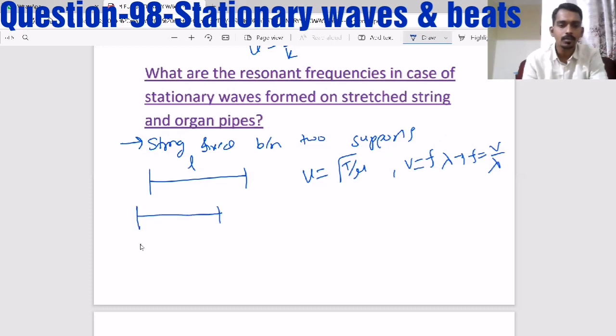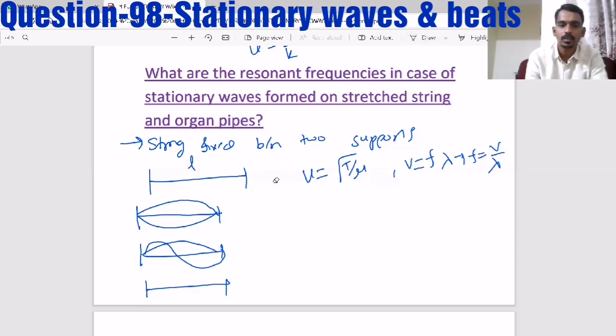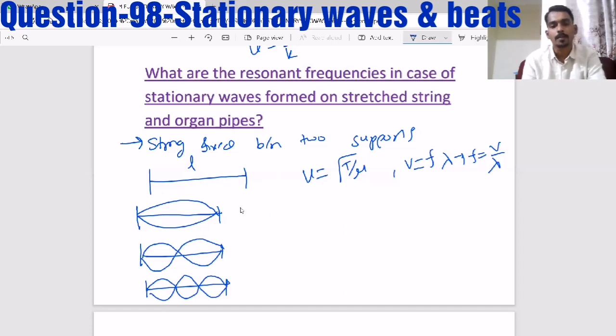Now what are all the possible cases? The string can vibrate in different modes. The minimum possibility is that it can vibrate with one loop, or two loops, because always at fixed supports nodes will be there, or three loops, next four, five, and so on.